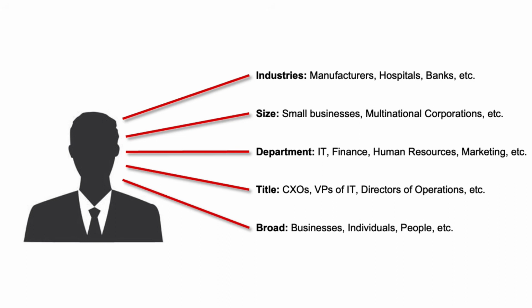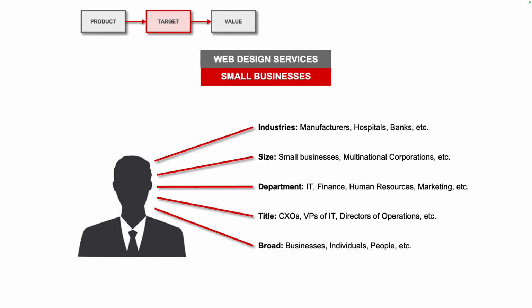And then you could come back later and go back through these same steps and create a more focused sales message that maybe focuses more on an industry or a particular department in an organization. And for demo purposes, we are going to use the target audience of small businesses.